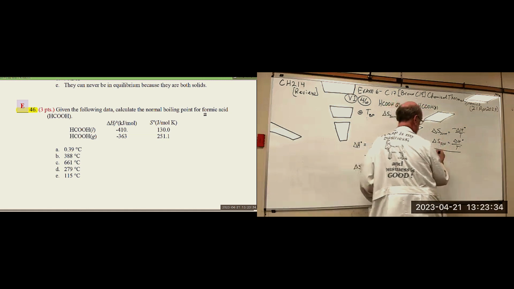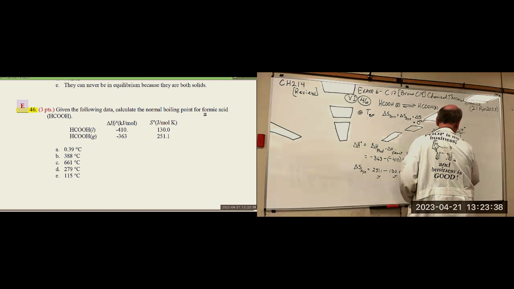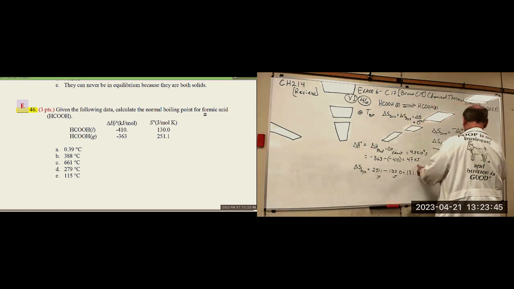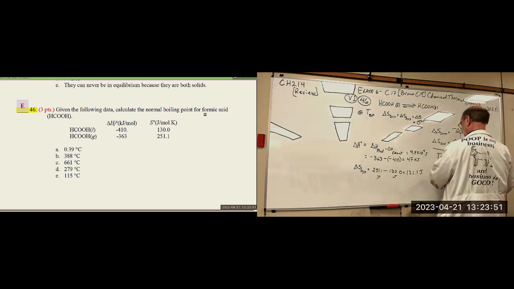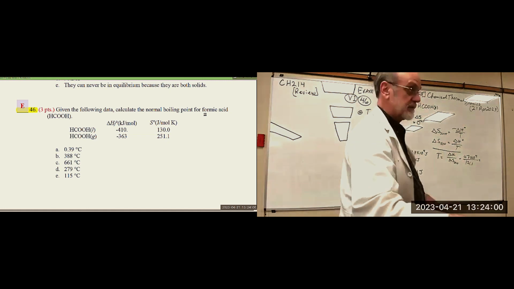Let's solve it for T first. T equals delta H over delta S. So delta H is 4.7 times 10 to the fourth joules, and delta S is 121.1. And this value is going to be in K.